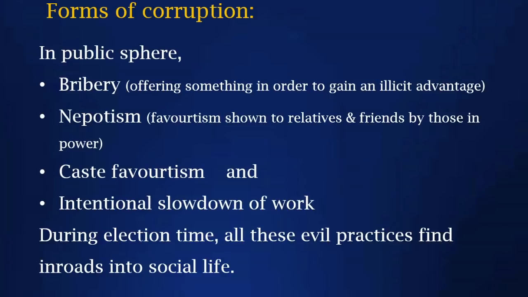Next one is caste favoritism, showing favoritism to one's own caste people. That is also a form of corruption. Intentional slowdown of work. See, in the public sphere, people go to government and other offices to get their important work done.